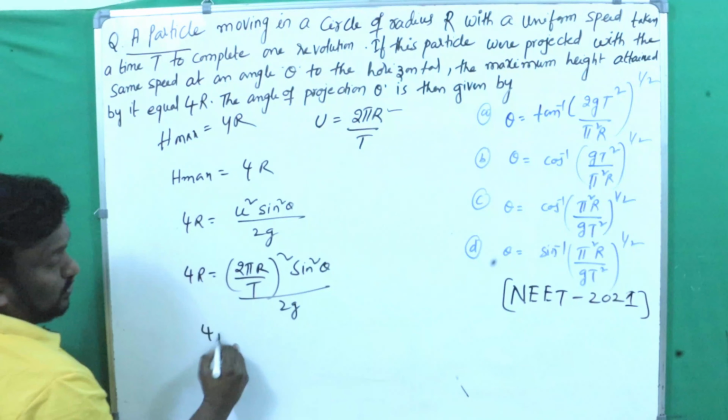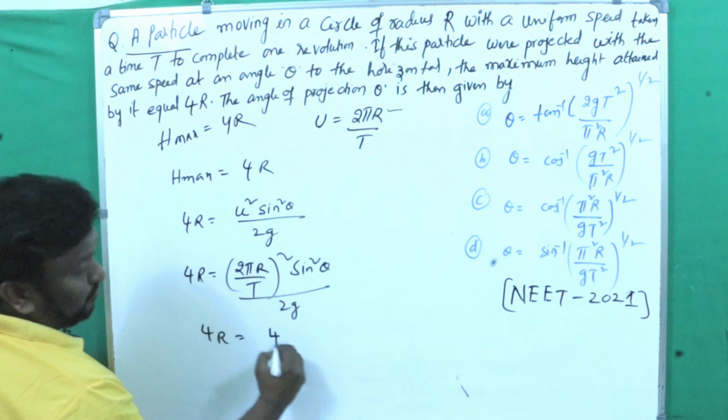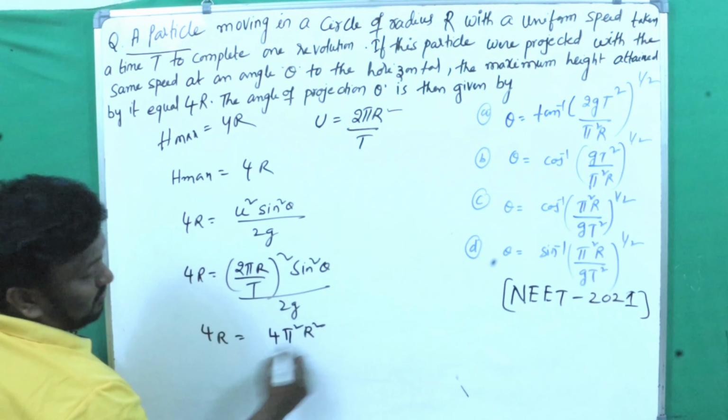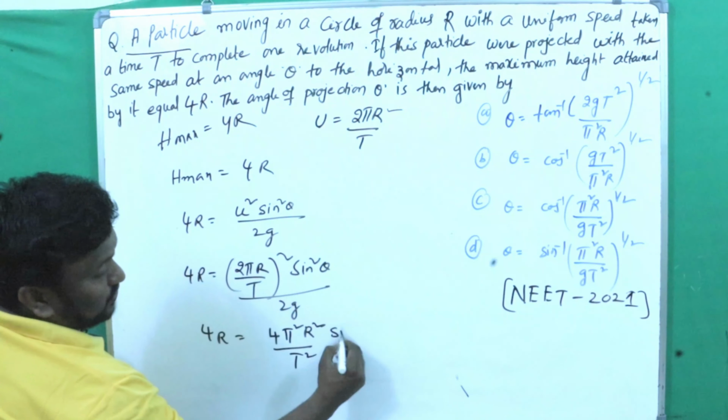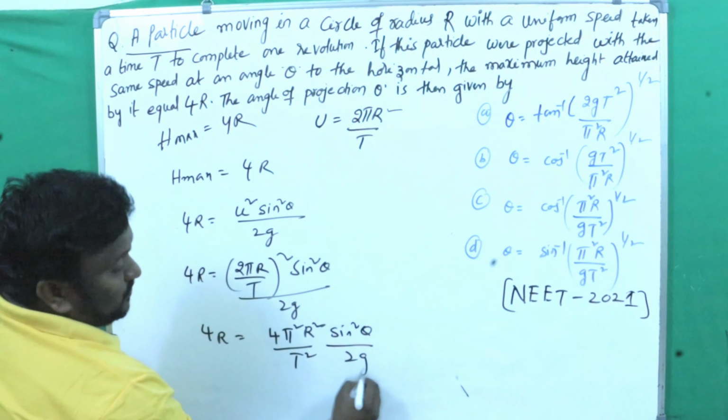That means 4r is equal to 4 pi square r square by t square into sin square theta by 2g.